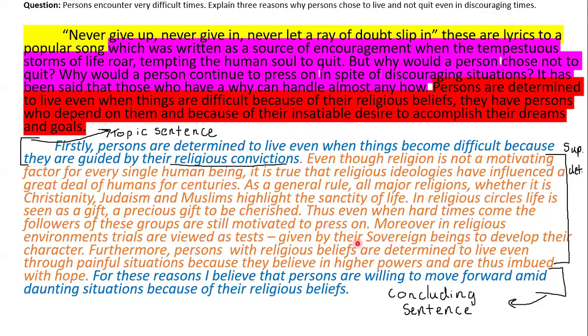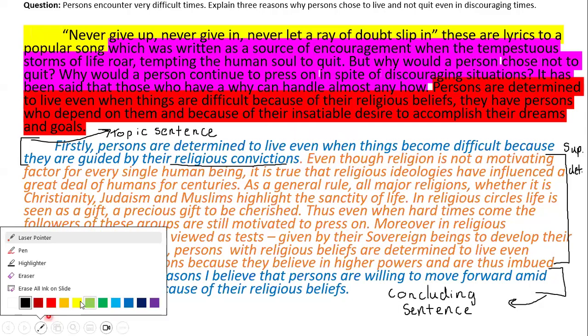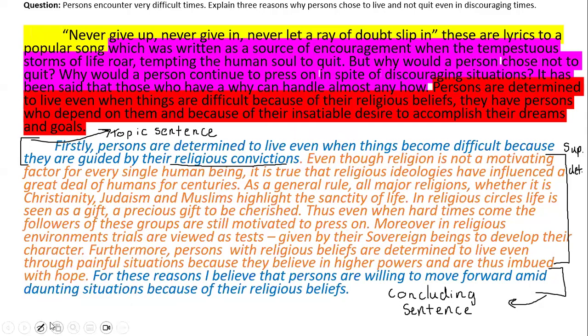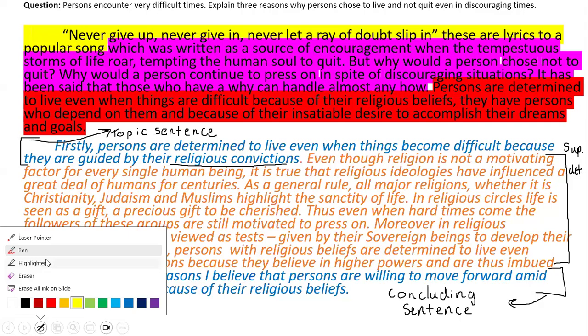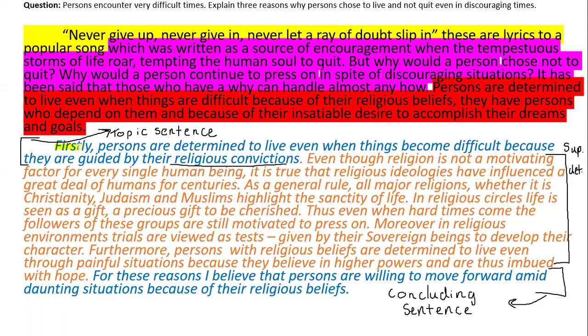But this is what we call our supporting details. And how many supporting details did I give? And I want you to notice what else I did. I also used transitional words. So what did I use? I said firstly. What other transitional word did I use?